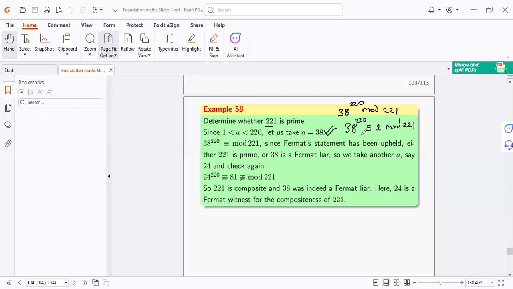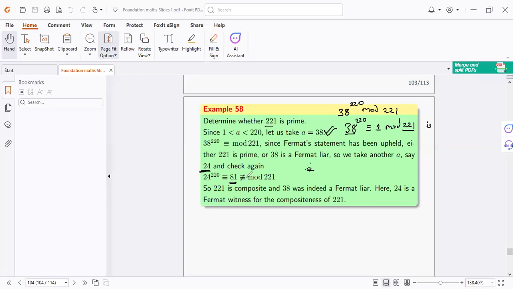It only tells me that 221 is likely to be prime, because I've only tested 1 number, so I cannot say for sure that it's a prime. I've only tested 38. So then I decided to test another number. I decided to test 24. So I take 24 raised to 220, and I found it to be 81.